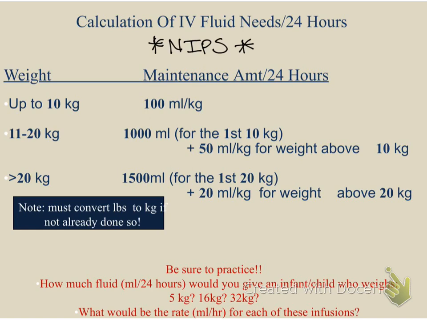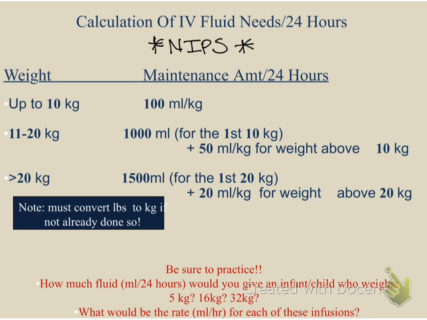All right. Well, I still have kilograms left over, so I have to go to step 2 now. Step 2 tells me between 11 and 20, I get 50. So I'm using up another 10 kilograms, correct? 10 kilograms times 50 mLs. What am I getting? 500.